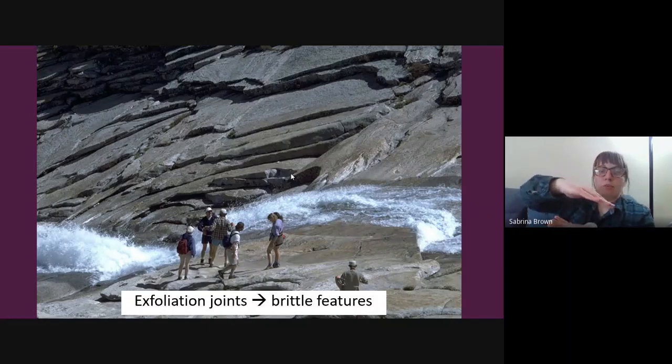And you get long cracks or joints in your rocks called exfoliation joints, where they crack off in layers.